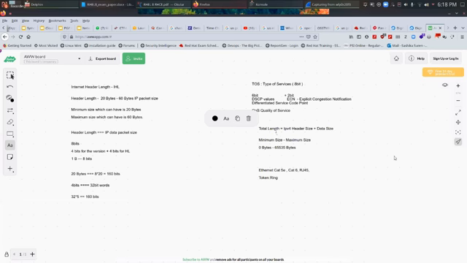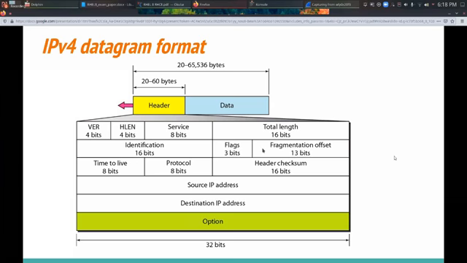Okay, sir, so it's just theoretical. What they have defined is theoretically 0 to 65,535 bytes. Obviously, if the minimum header length is 20 bytes, the minimum size should be 20 bytes. That is exactly correct, your argument. But just for the sake of defining the theory, they say it can be 0 to 65,535 bytes.